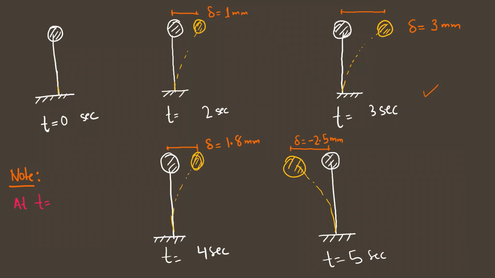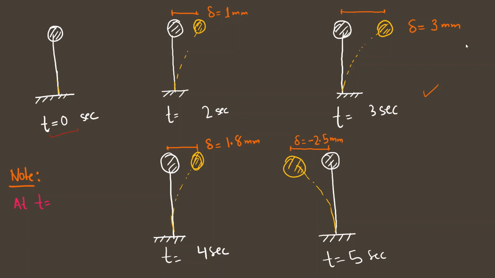So first of all, let's start with a single degree of freedom system. At time t equals 0 seconds, there is no displacement.